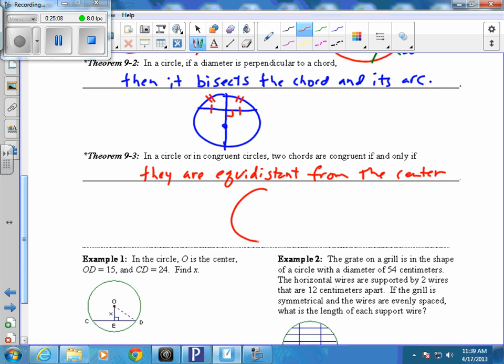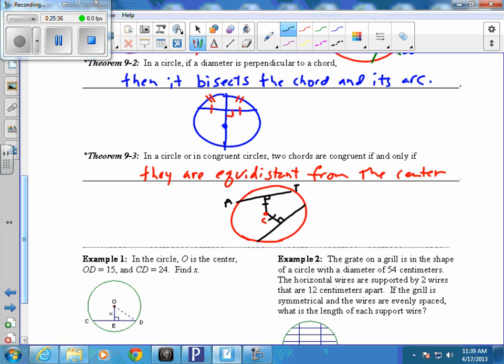Okay, so if I have a circle, and there's a center point right there, and we got two chords, like so, and they're the same exact distance. Remember, distance from a point to a line forms a right angle. So if these are the same, then the chords are also equal.